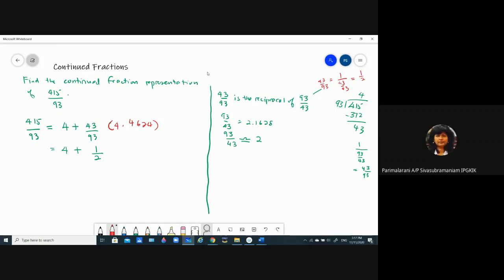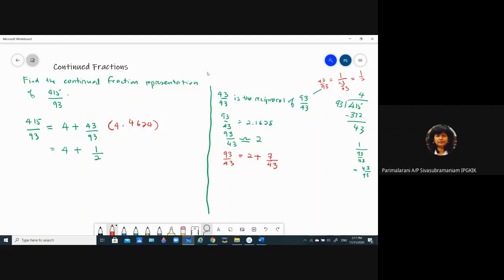So we've reached until here already. 1 over 2, okay? We're going to continue. We also know that 93 over 43 is equal to 2 plus the balance, 7 over 43. When we divide 93 by 43, we get 2, and the balance is 7 over 43.